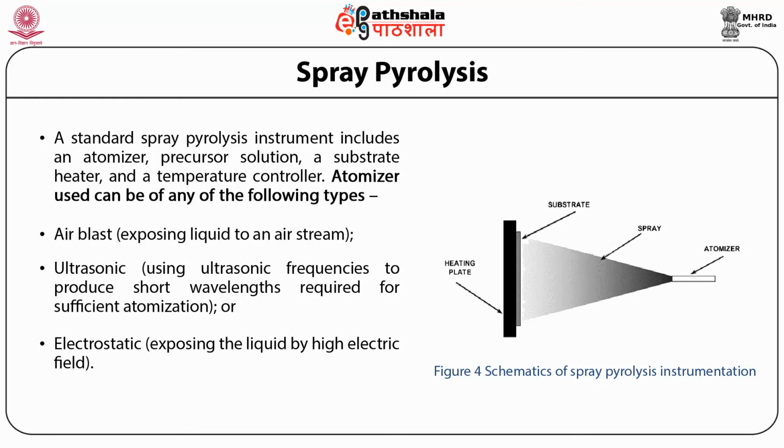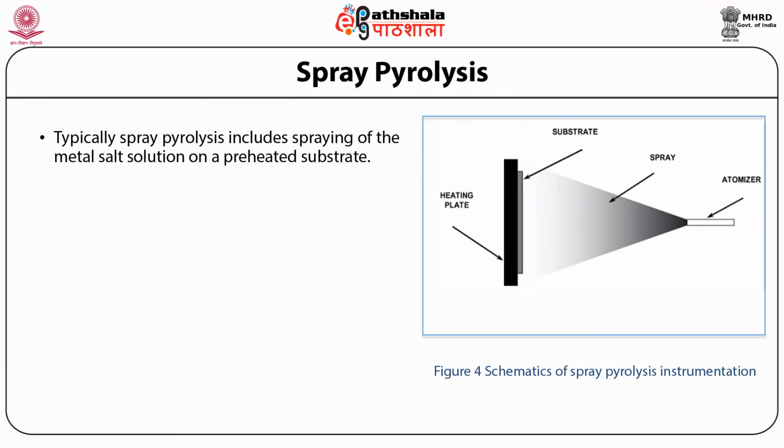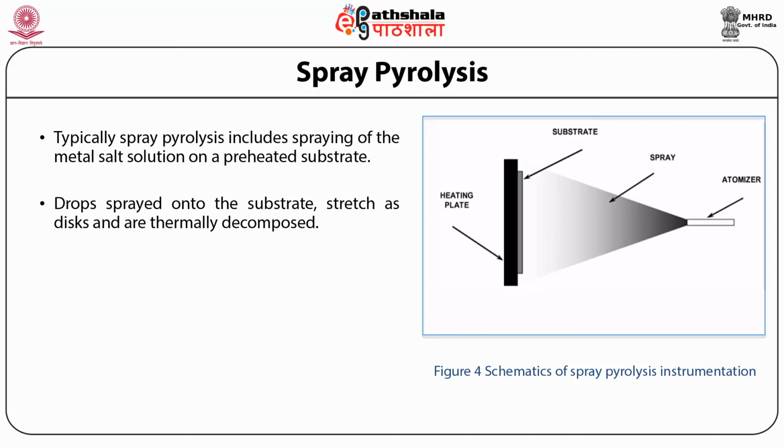Figure 4 shows the schematics of the equipment which is used in the spray pyrolysis technique. Typically, spray pyrolysis includes spraying of the metal salt solution on a preheated substrate. The drops sprayed onto the substrate stretch as discs and are thermally decomposed.